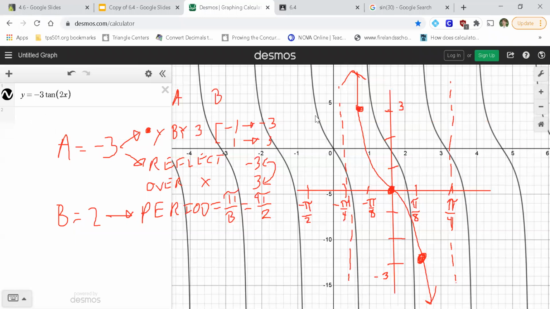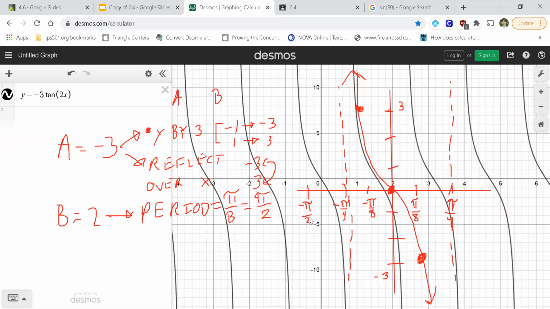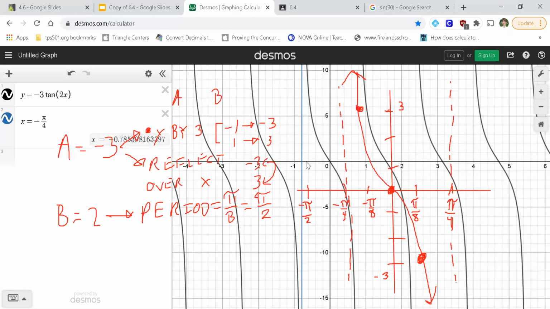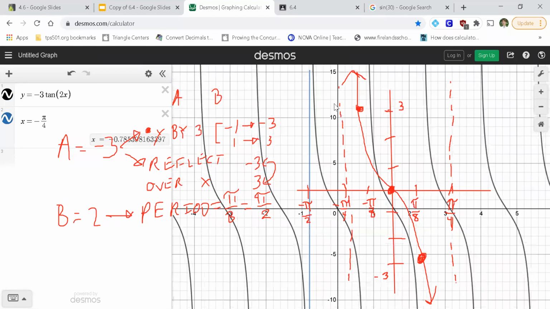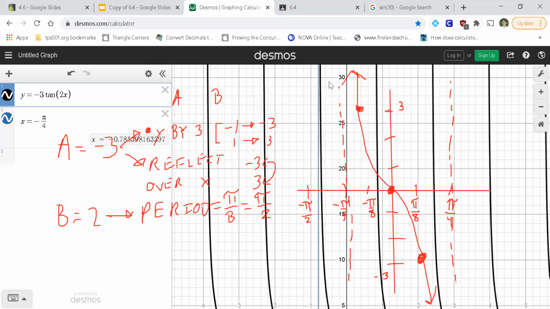Similarly, you will see that it doesn't graph the vertical asymptotes at all. But if you graph x equals, what do we say, -pi over 4, then you can check and make sure that, yeah, your graph actually never does cross that line.